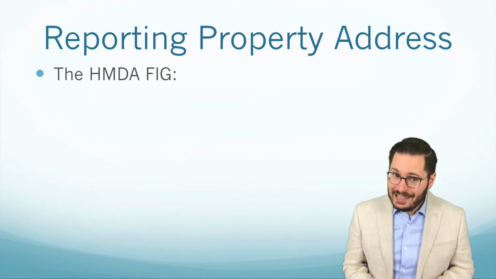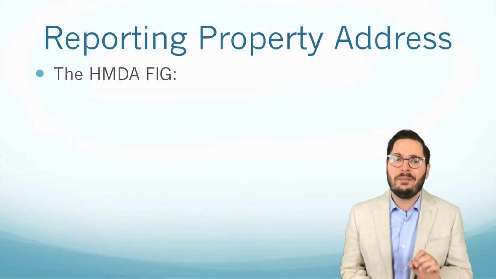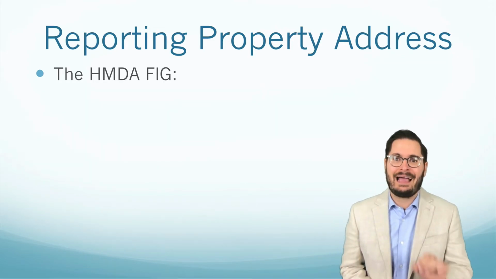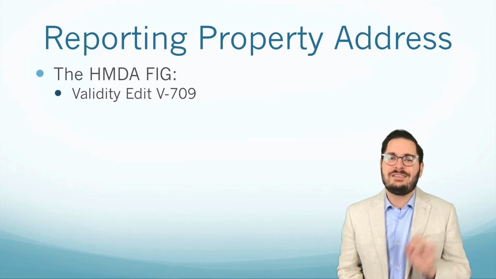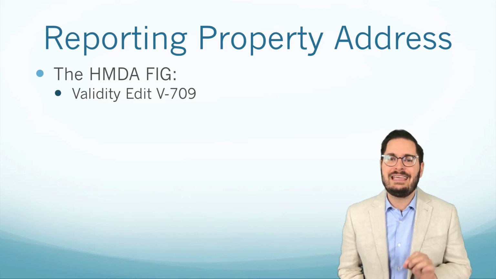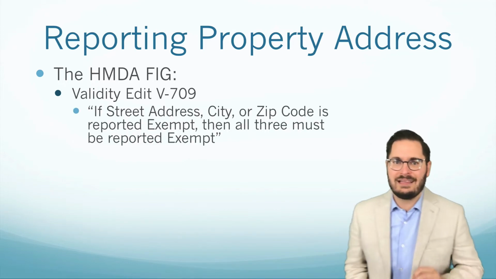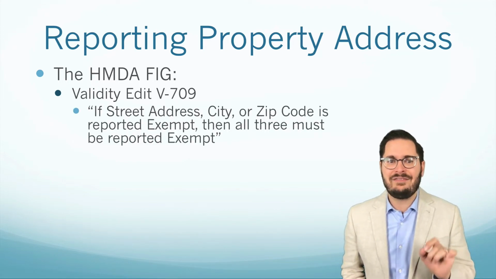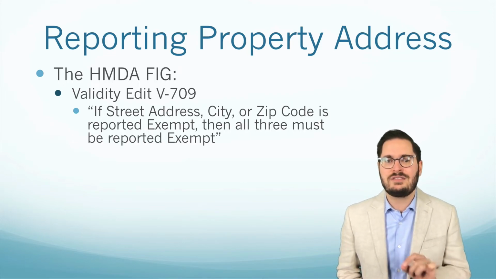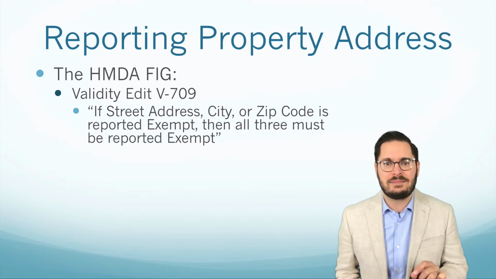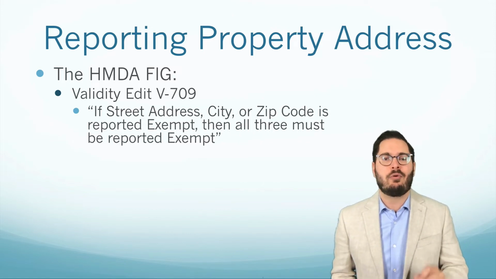The answer to this comes in the HMDA Filing Instruction Guide, the FIG, and specifically in Validity Edit V709. When you look at V709, it says if the street address, city, or zip code is reported exempt, then all three must be reported exempt.